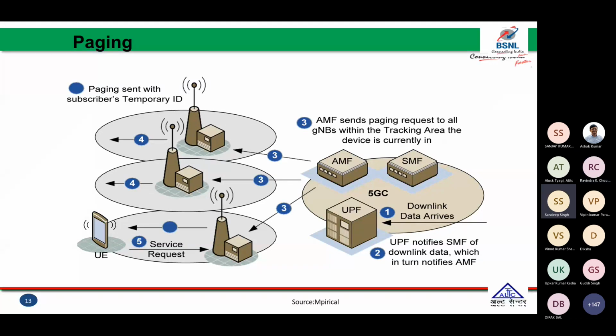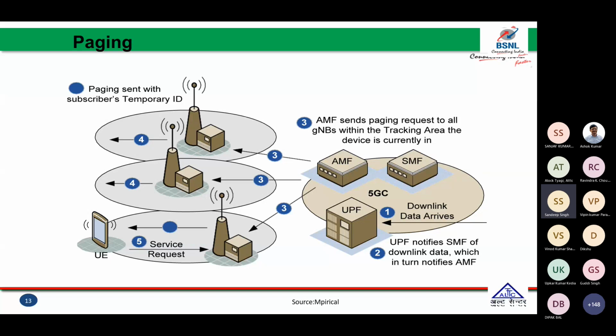A group of tracking areas is known as the tracking area list. The tracking area list is very similar to the registration area in 5G. But the tracking area is always present in 5G also for the paging purpose.